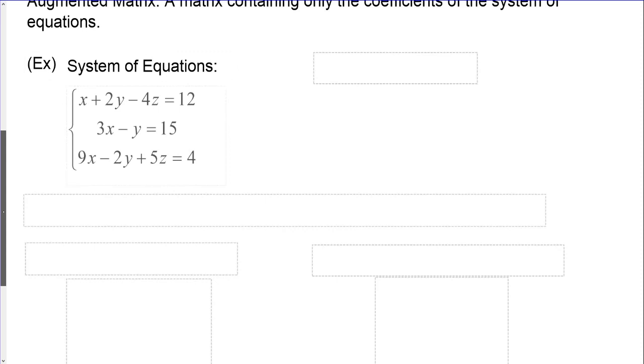So, for example, if I have a system of equations such as this, x plus 2y minus 4z equals 12, 3x minus y equals 15, and 9x minus 2y plus 5z equals 4. So now I have 3 equations and 3 variables, so that's a large system.